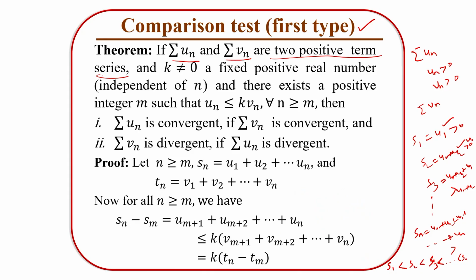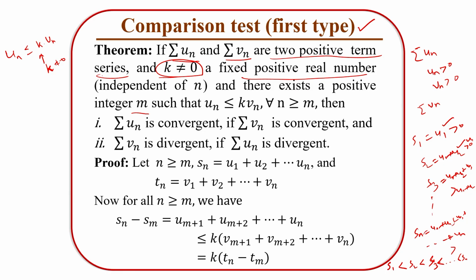So consider capital sigma un and capital sigma vn as two positive term infinite series, and let k be a non-zero number, a fixed real number independent of n, and there exists a positive integer m such that each un is less than k into vn, and k is a non-zero number, right?